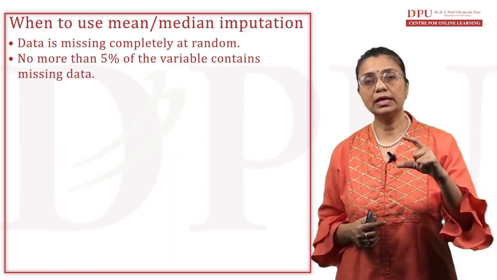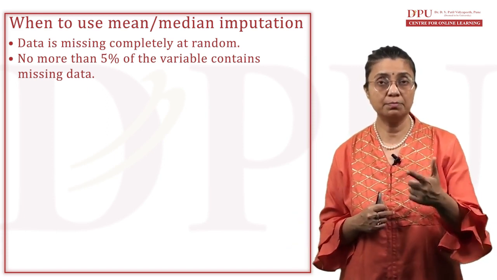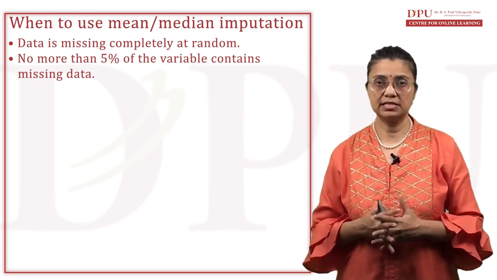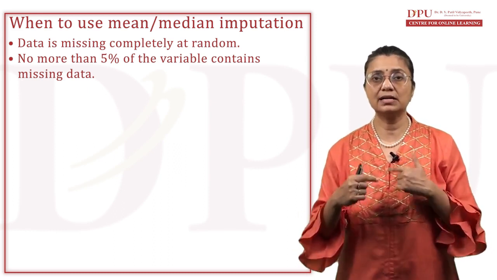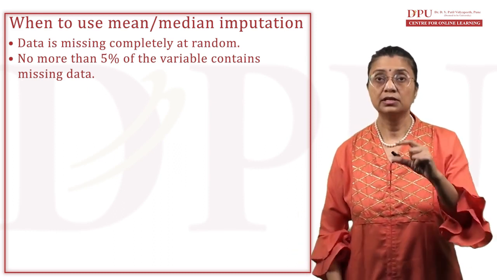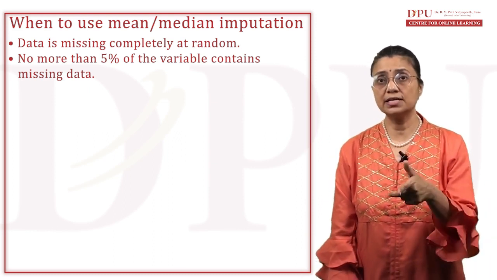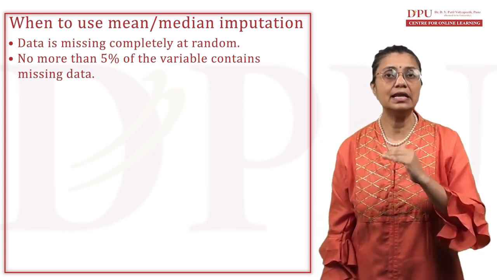I will only consider those 5% records and replace them with the mean or median, because 95% of the data is already in my hands, and 95 is a huge number, and it can give me an indication of what that 5% can be. So even if by chance I'm missing an outlier in that 5%, it will be a very small number.